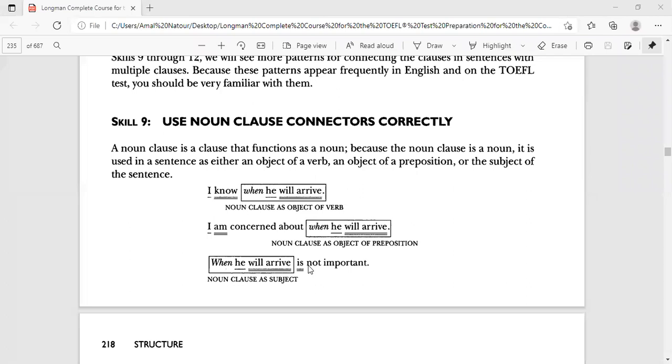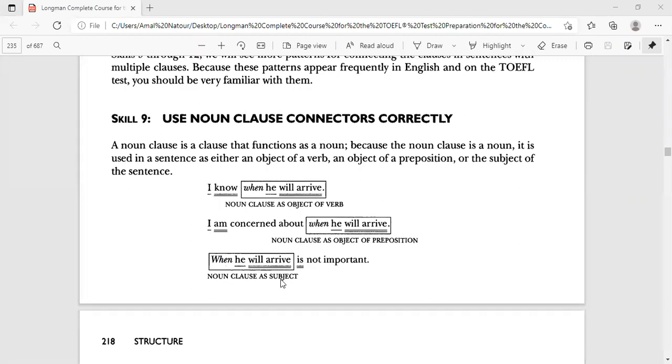The other clause has the noun clause when he will arrive as its subject and is as its verb. يعني كلها بيجي السبجكت والفعل تاعها اللي هو is. يعني هذه كأنها مبتدأ أو فاعل للفعل is.